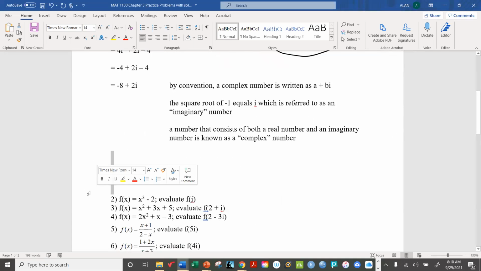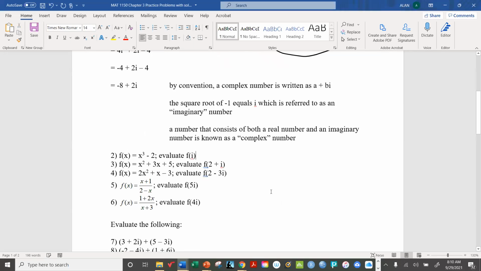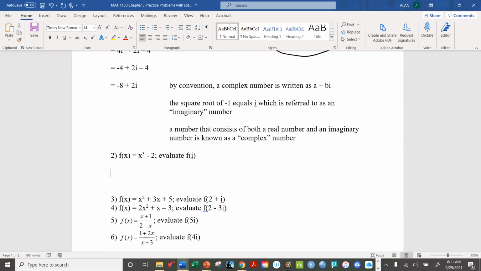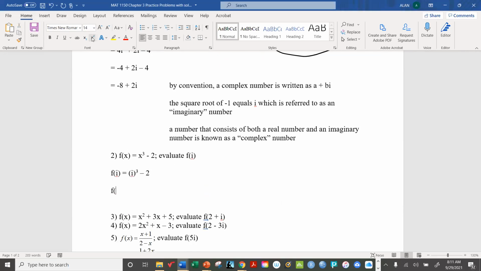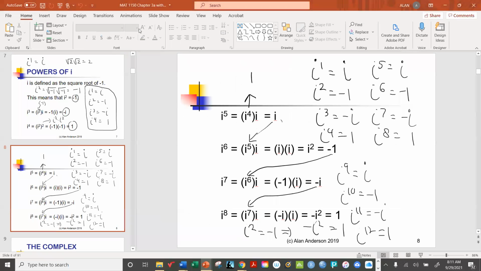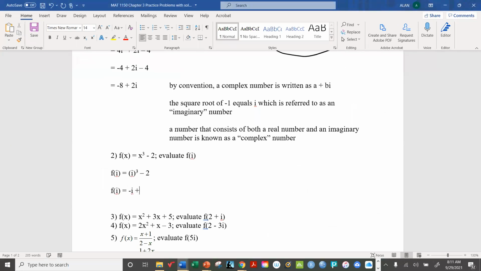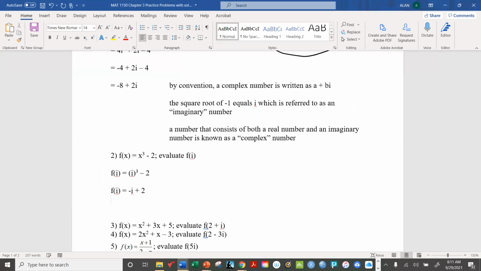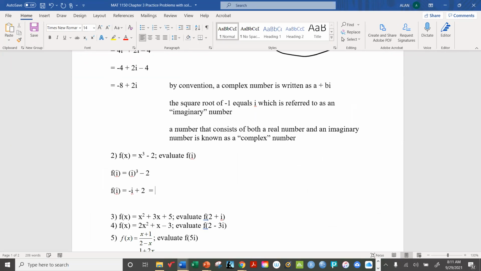Now this one, we're only evaluating f(i). In other words, you replace all the x's with i, and then you evaluate. Based on our chart in the slides, remember i cubed is -i. And you're done. If you want to be very particular, you could write it as 2 minus i.